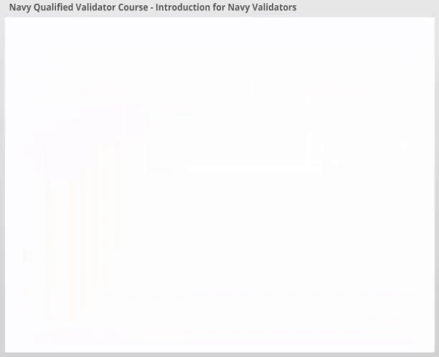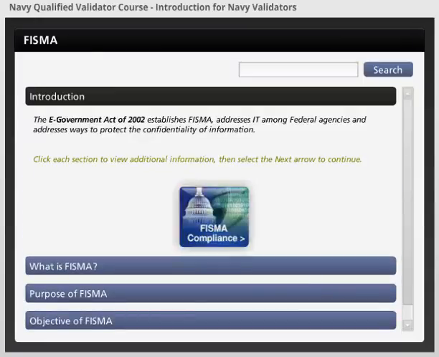The E-Government Act of 2002 establishes FISMA, addresses IT among federal agencies, and addresses ways to protect the confidentiality of information. This interaction outlines the purpose and objectives of FISMA as a driver of A&A. Click each section to view additional information, then click the next arrow to continue.